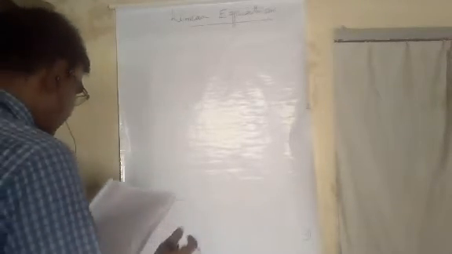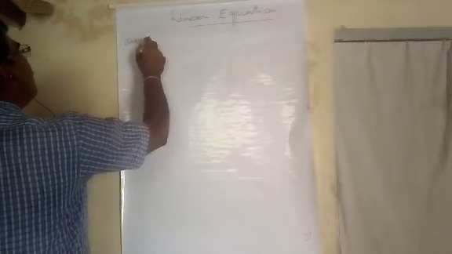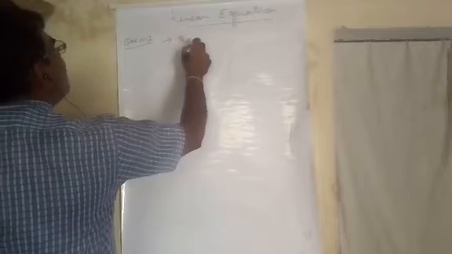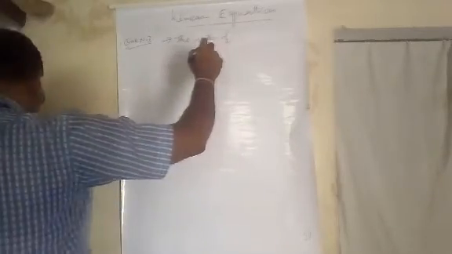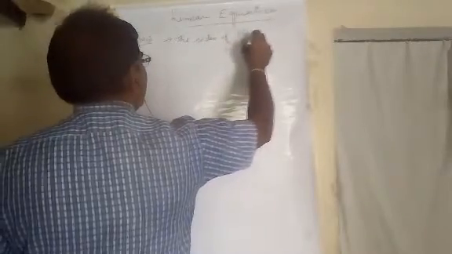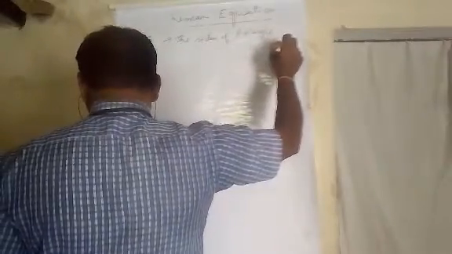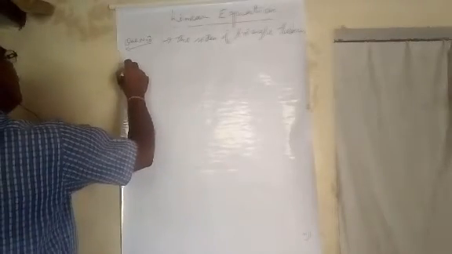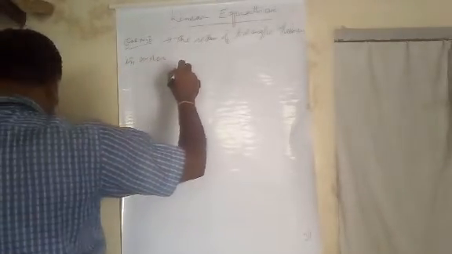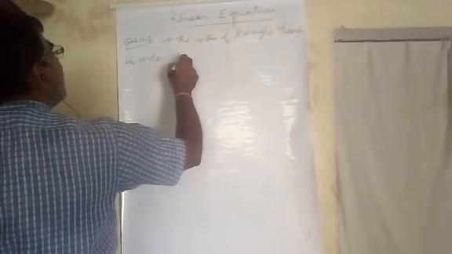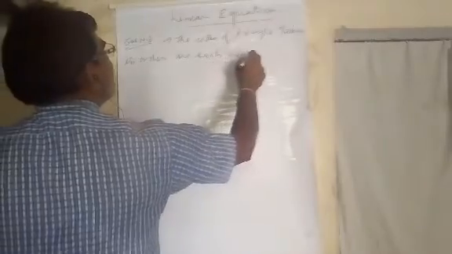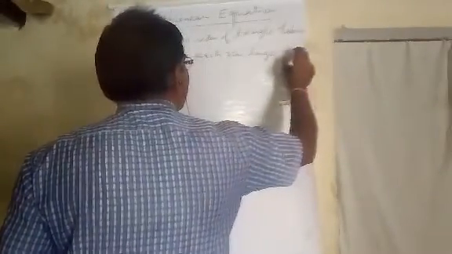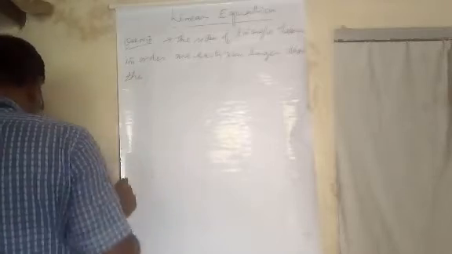Question is, the sides of triangle taken in order are each 3 centimeter longer than the preceding sides.